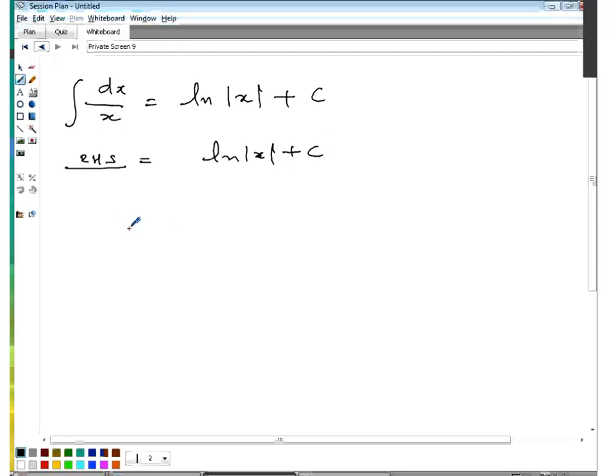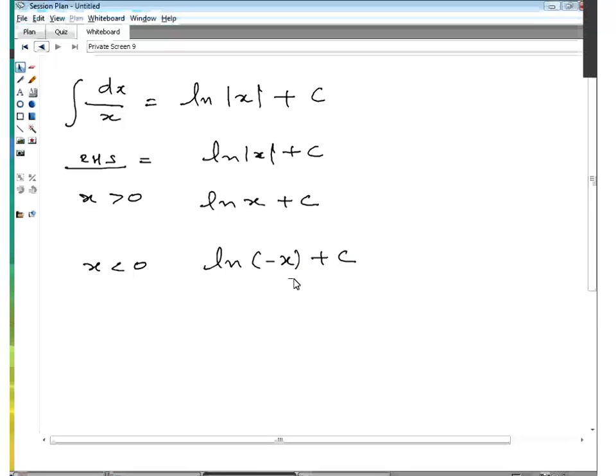Two cases as usual to get rid of mod. For this case, differentiate and you will get 1 upon x. For this case, you have log of -x plus c. Differentiate this also and you will get 1 upon x.